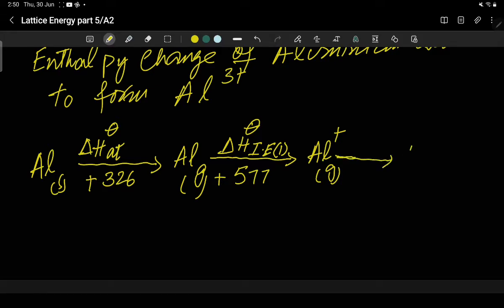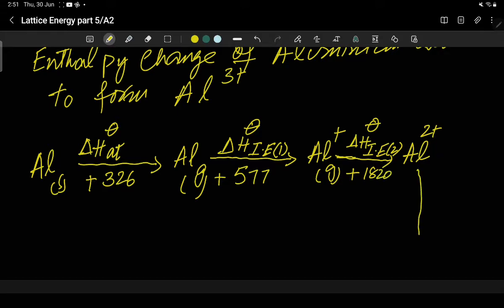Then aluminium changes into aluminium 2 positive. This involves delta H ionization energy 2, and it is equal to, according to data booklet, 1820.